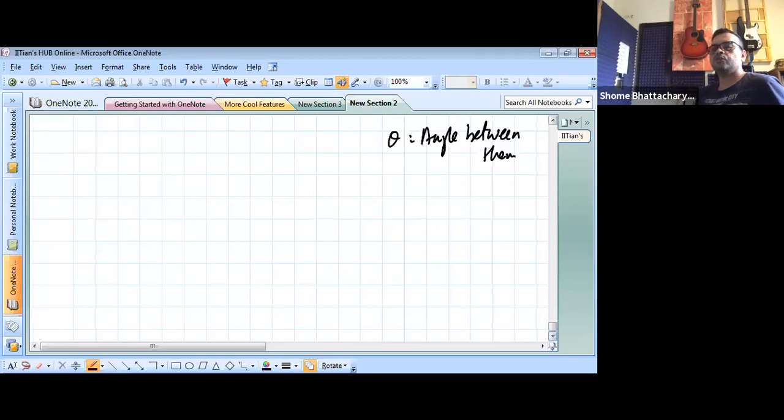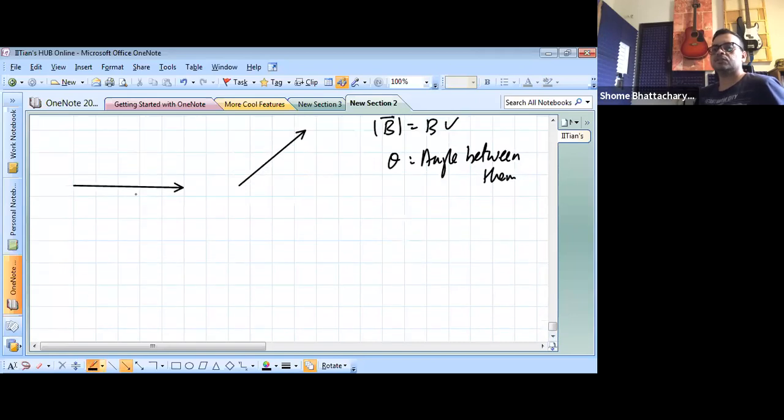If we draw the vectors, suppose these two vectors are given to us, this is one vector, this is another vector, arbitrarily given. Now in the parallelogram law, we construct a parallelogram such that A and B are adjacent sides.